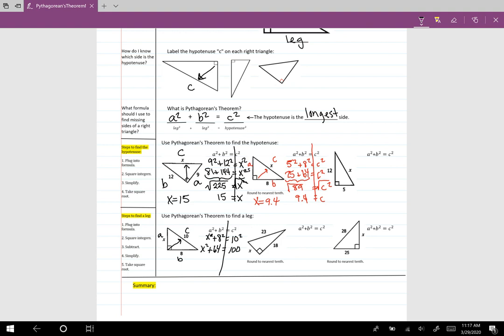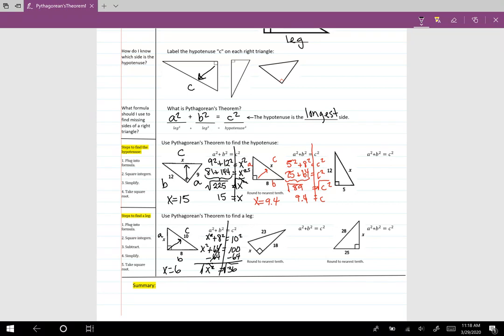We're solving for x, so we have to get rid of that 64 by subtracting 64 from both sides. 64 minus 64 cancels. On the left, we're left with x squared. And on the right, we have 100 minus 64, which is 36. We take the square root of both sides. The square root cancels the squared, and you get x equals 6.